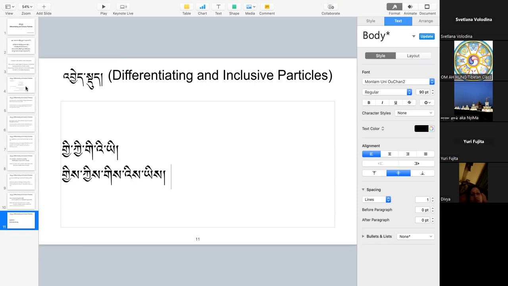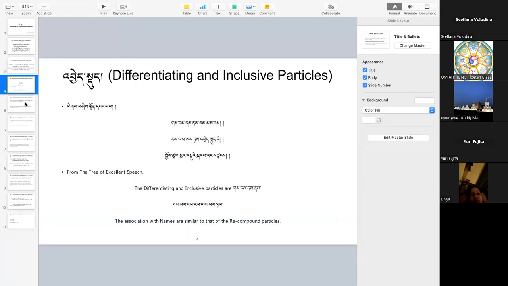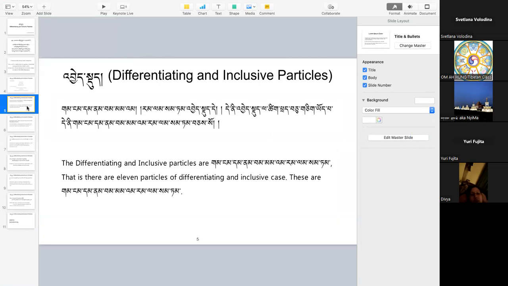There is no distinction of the particles in writing. They're the same when you write it, but the meaning of the particle changes on the basis of the usage. So these are the 11 particles, 11 for the differentiating case, 11 for the inclusive case. When they are used in the differentiating case, they are known as differentiating particles. When they are used in the inclusive case, they are known as inclusive particles.